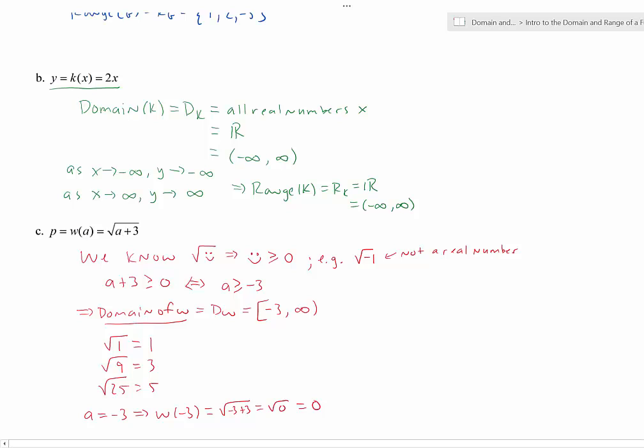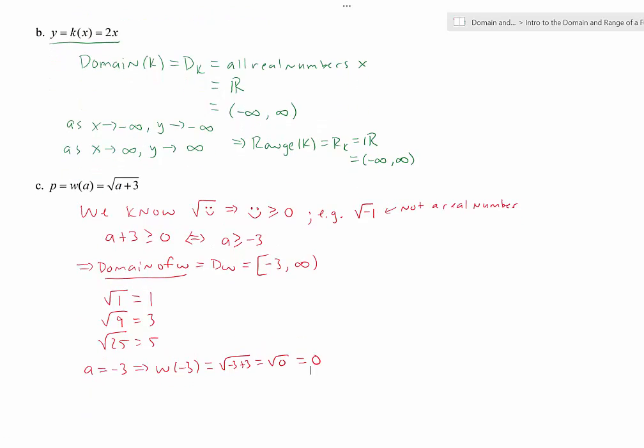You may recall also square roots cannot be negative as an output unless there's some coefficient of a negative in front, and that's by definition of a square root. So that tells us that our range of w here is going to be the set where the smallest output is 0, and it grows to infinity.